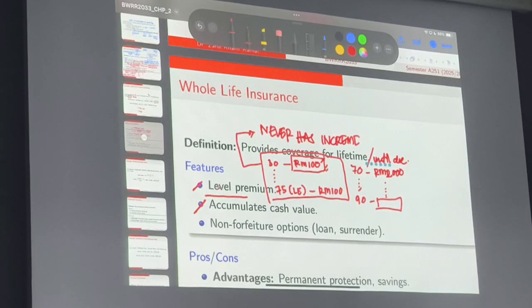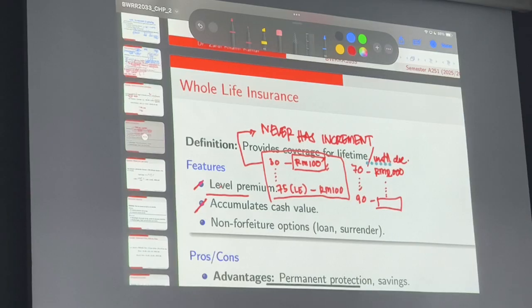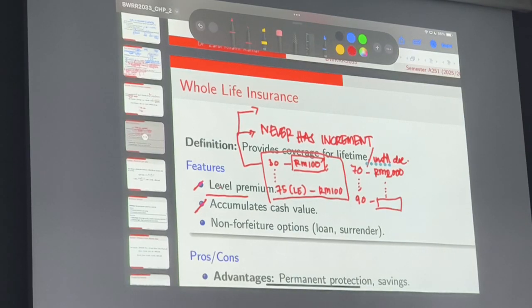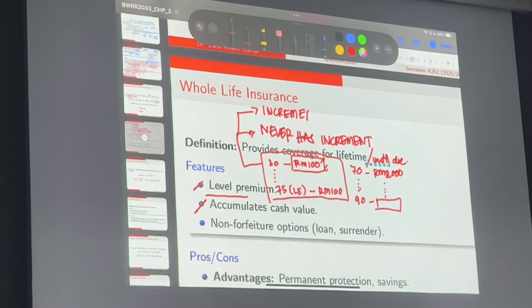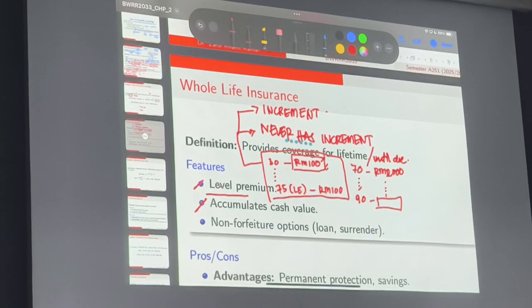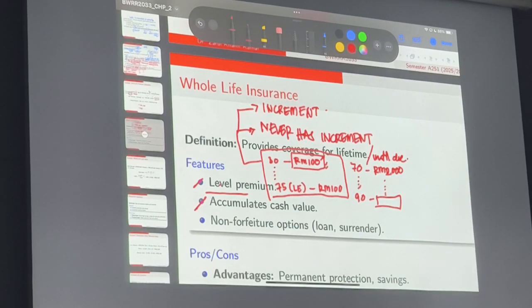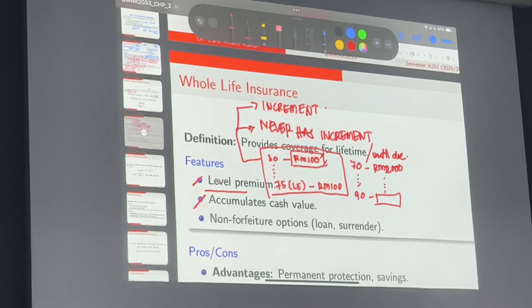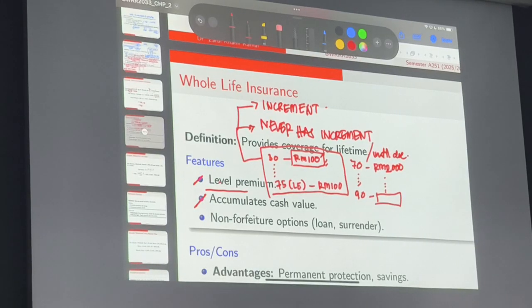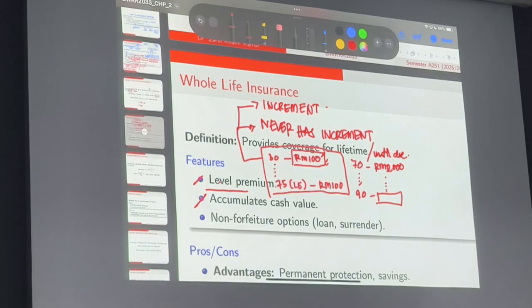The one yang ada increment adalah produk apa? Produk apa yang ada increment? Yes? Produk apa yang ada increment? Agent? Yes, term life insurance lagi. Medical card right, medical card.